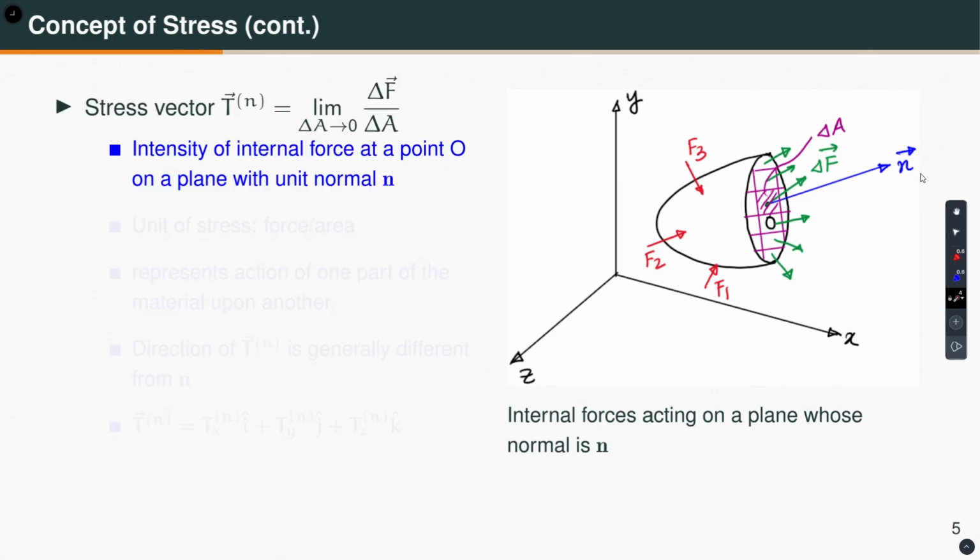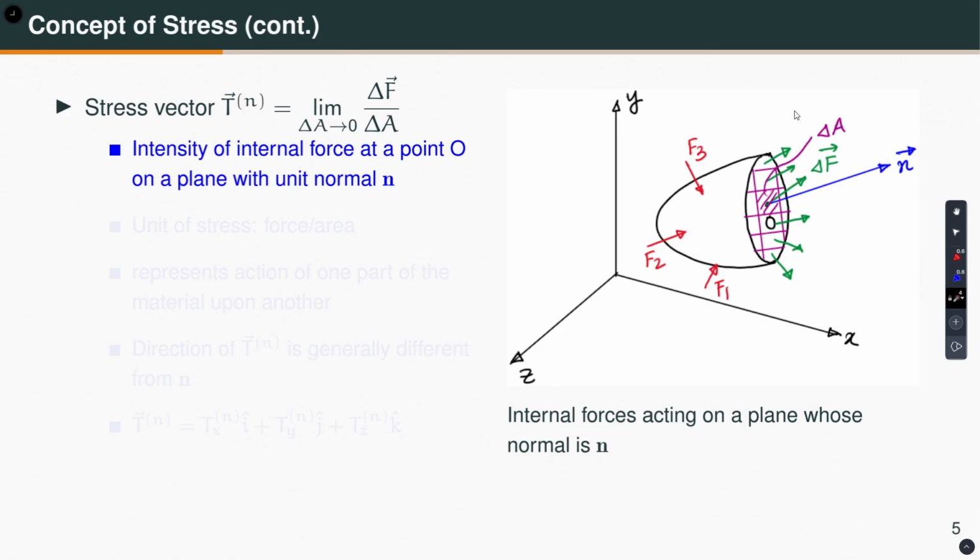Now I want to define the stress vector. It is the intensity of internal force at this point O on a plane. How is that plane defined? By the unit normal n. And how is this defined?